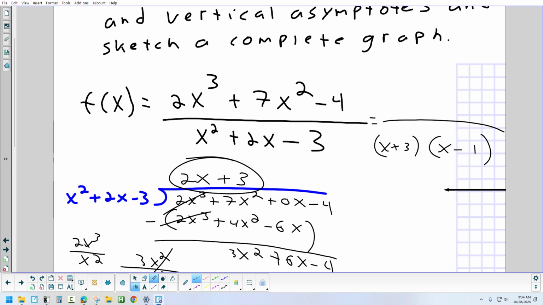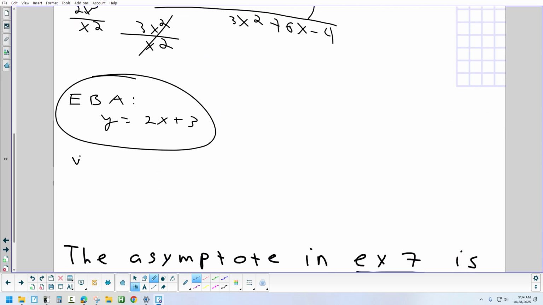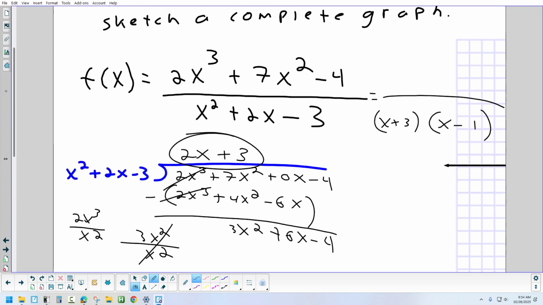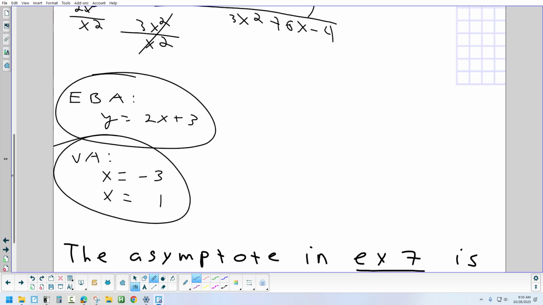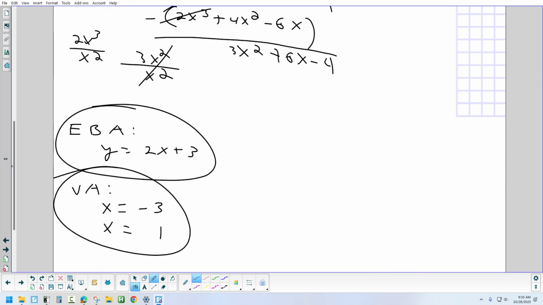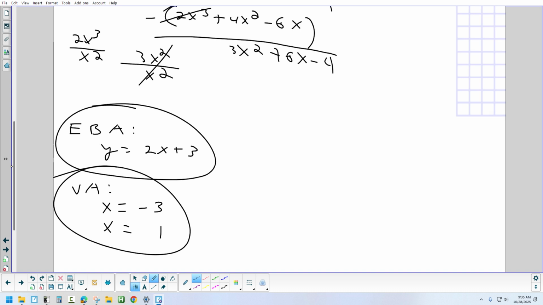X squared minus x plus 3x is plus 2x. Yep, looks perfect. So now we have 2 vertical asymptotes. x equals -3, x equals +1. Did I say positive? -3, +1. And we're not going to sketch that. But any questions on how I found the asymptotes?